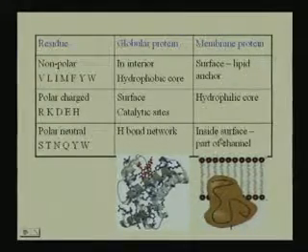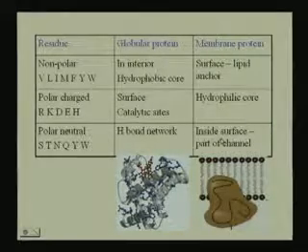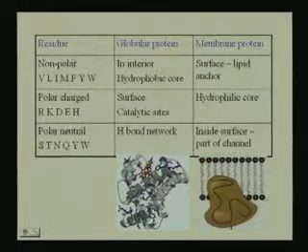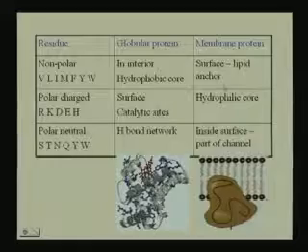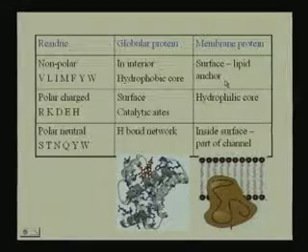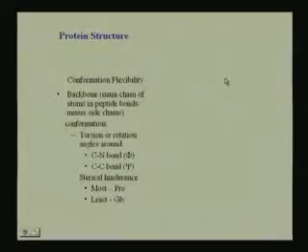Is that clear? Okay. So, this is very clear to understand once you know the characteristics of the amino acid residues, and you also know the characteristics of the protein, whether you are talking about a globular protein or you are talking about a membrane protein. Okay. Now, if we consider the protein structure, we have to remember that there is conformational flexibility.